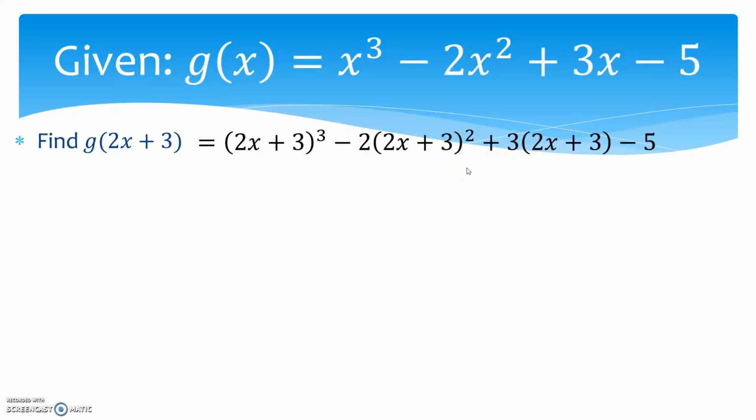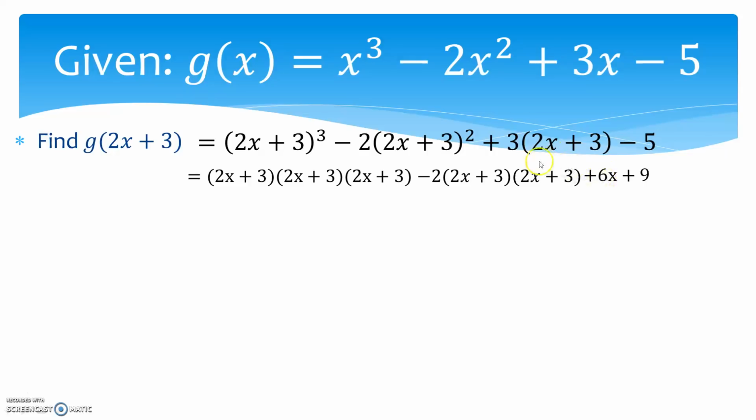Now, first, we expand this one. So, we have tatlong 2x plus 3 na kailangang i-multiply. Yan. And then, ito naman, negative 2 times dalawang 2x plus 3 naman dito. Then, pwede na natin itong i-multiply sa loob. So, 3 times 2 is 6x plus 3 equals 9.